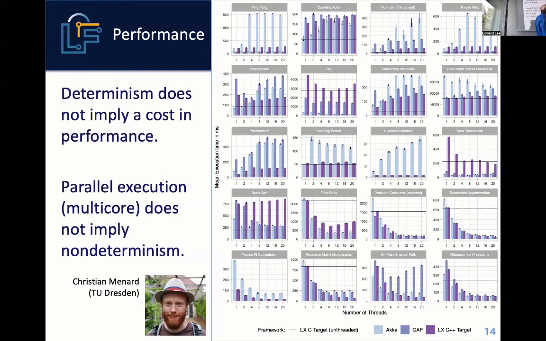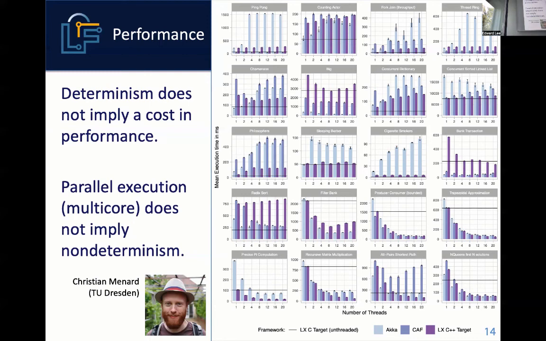But then there's some others where, as you add more cores, here this one's pretty dramatic. As you add more cores to this benchmark, ACA slows down rather dramatically. The more workers are put into play, the slower it gets. Whereas our implementation stays pretty steady.